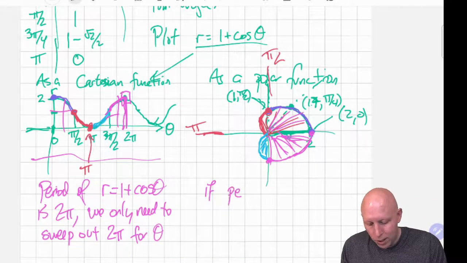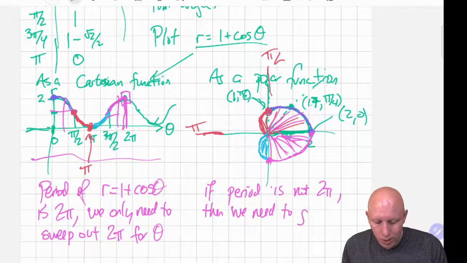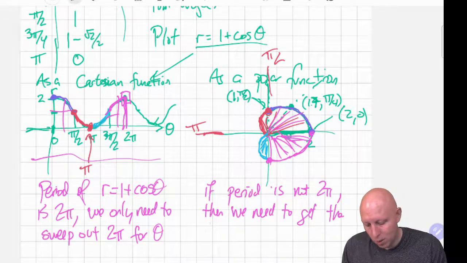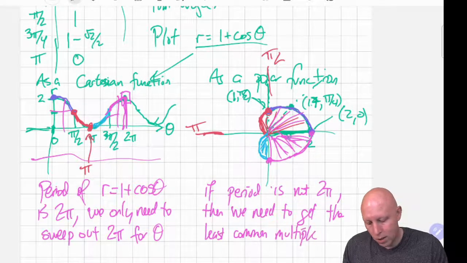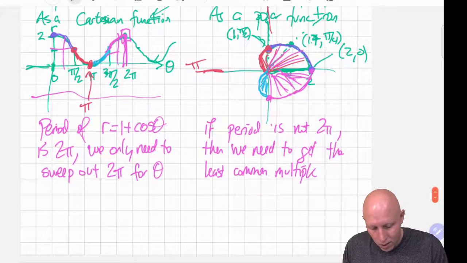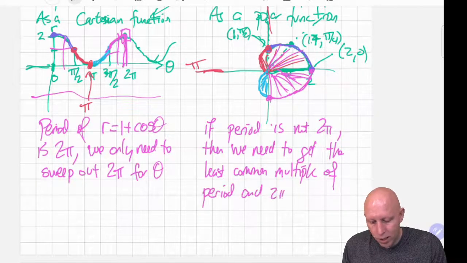If the period is not 2 pi, then we need to get the least common multiple of the period and 2 pi.